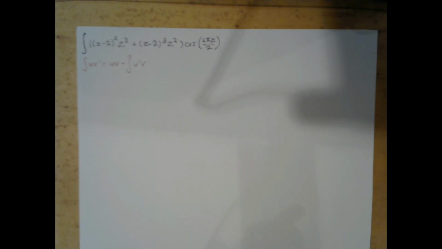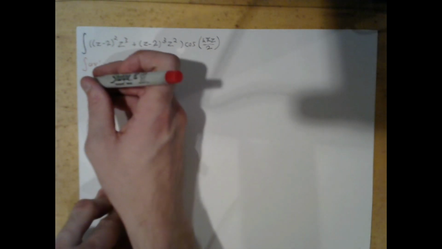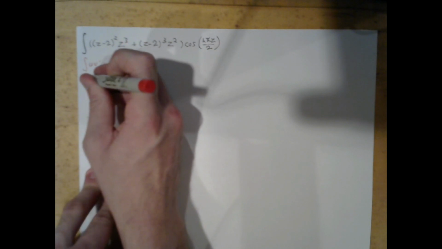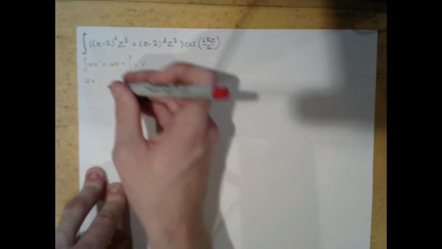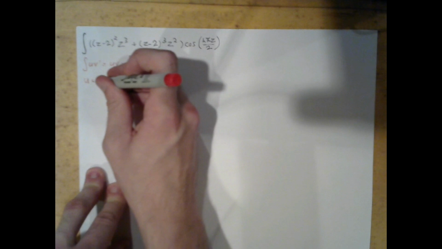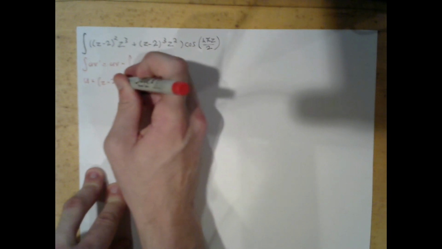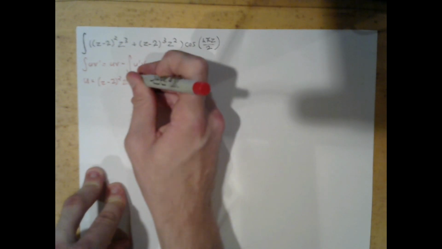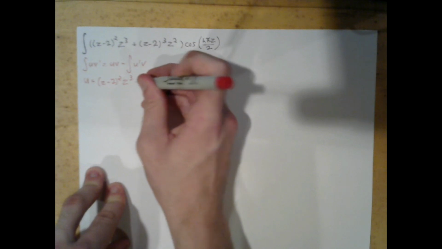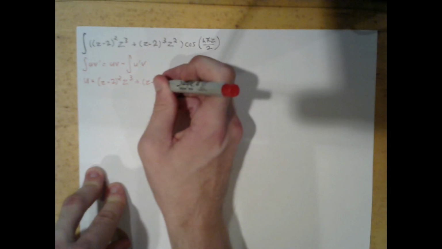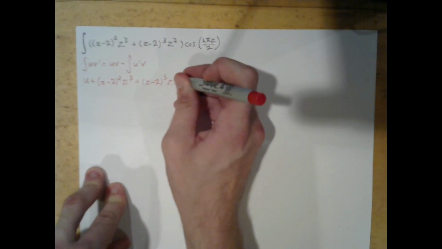We're going to be going through a lot of sheets of paper, so you might want to write this out each time, might want to use different colors. So again, u is equal to (z minus 2) squared z cubed plus (z minus 2) cubed z squared.